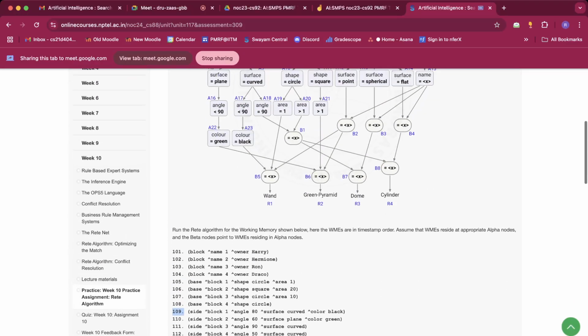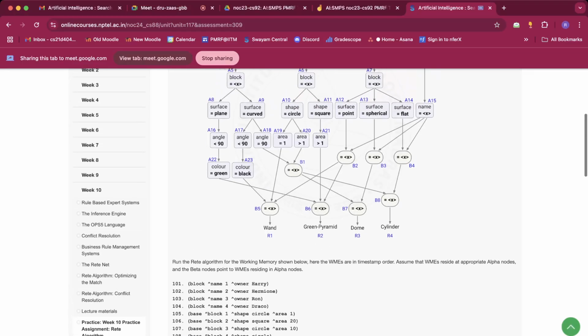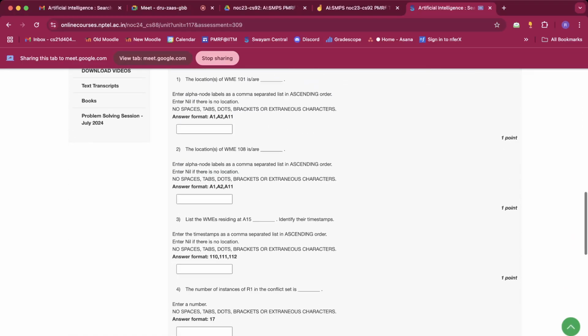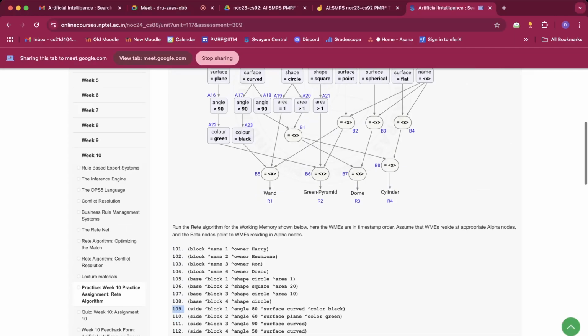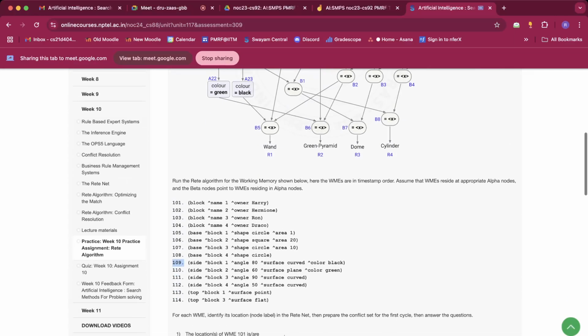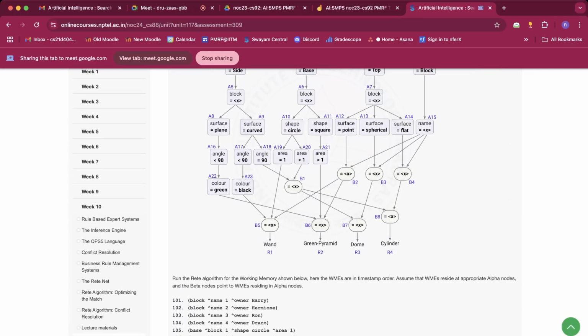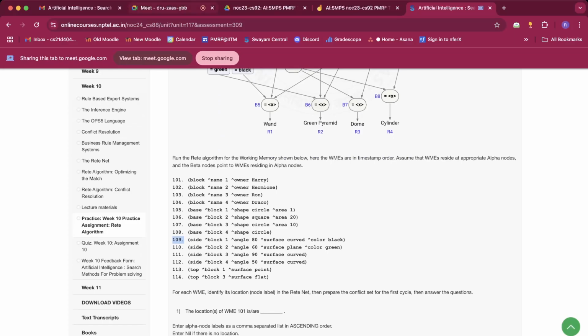That's why there is only one instance of R1 in the conflict set. Although there are other block names, if you include the incoming information from all the sources, all the arrowheads that are coming into this B5, there is only one such combination, right?